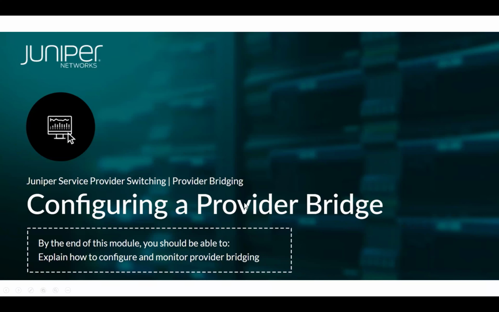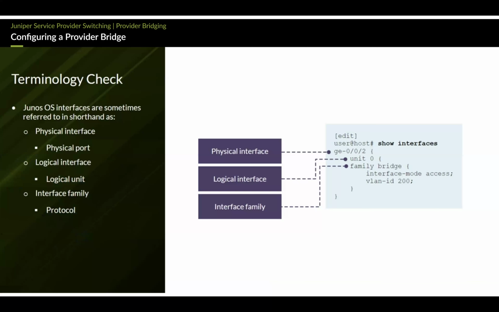Configuring a provider bridge. How to configure a provider bridge? Considering the customer side and service provider side. Okay. First, a Junos interface is sometimes referred to in shorthand as a physical interface, that means physical port, logical interface, logical unit, interface family, protocol. You know this. Okay. How to write: physical port, then logical interface, that means unit 0, 1, 2.